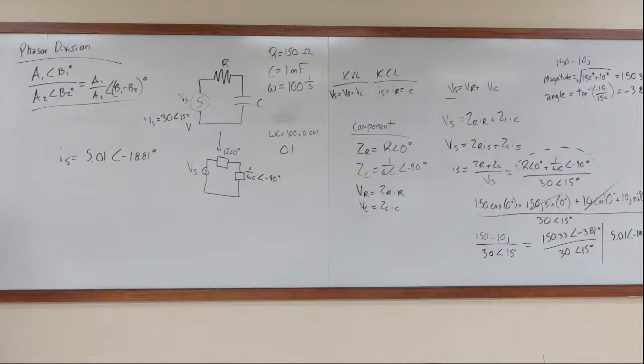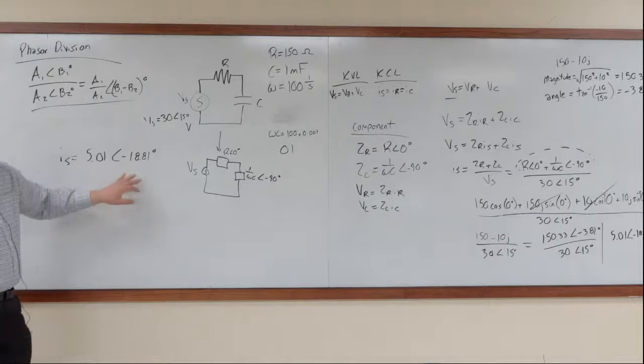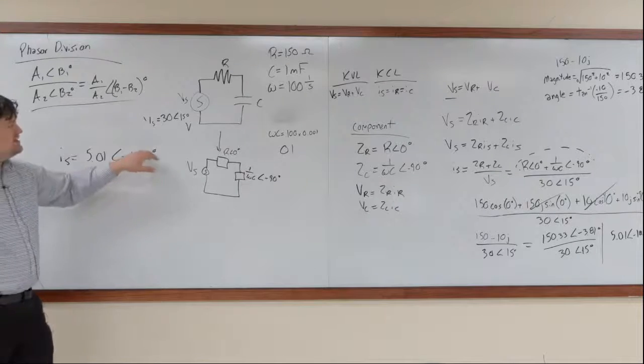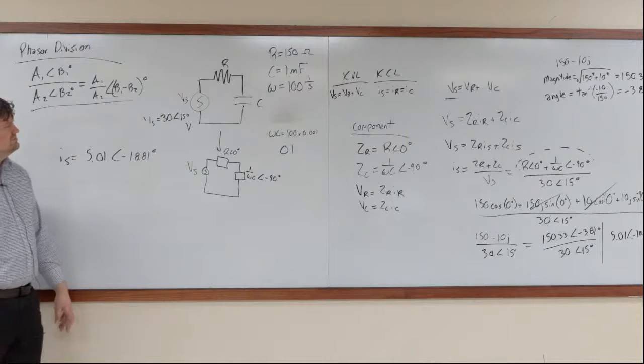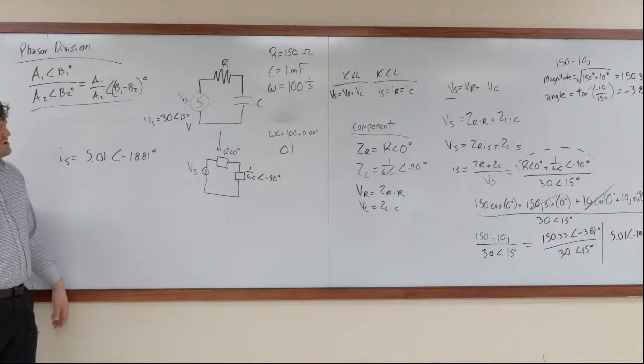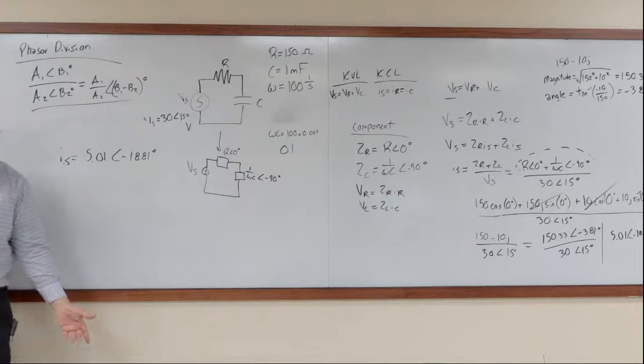And what we can see now is that by comparison, this is phase shifted about 33 degrees from the voltage. What that means is that it's going to reach its peak 33 degrees behind where the voltage is.